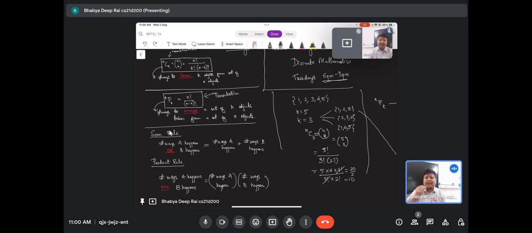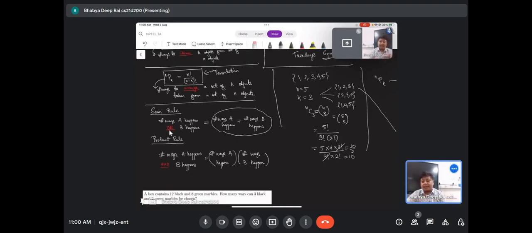And I ask: how many ways can there be such that A happens or B happens? This is what is called the sum rule. The sum rule simply says that if I need to count the number of ways that A happens or B happens, then I simply take the sum of those two.